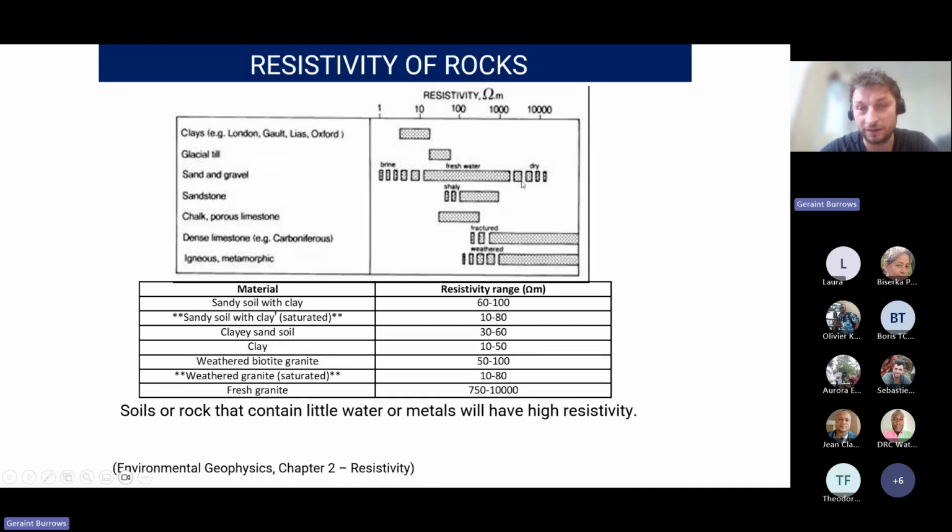And then a dry rock, sand and gravel, would have very high resistivity indeed because there's very little conductivity going on.